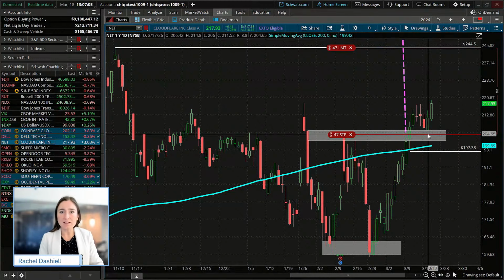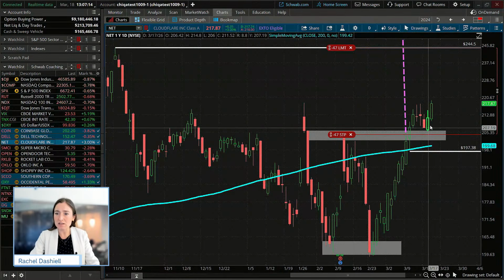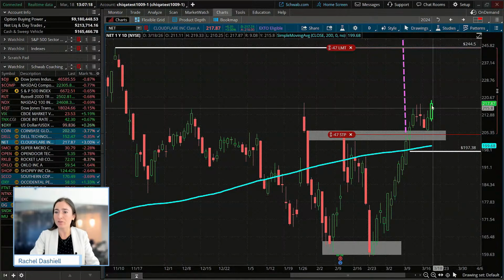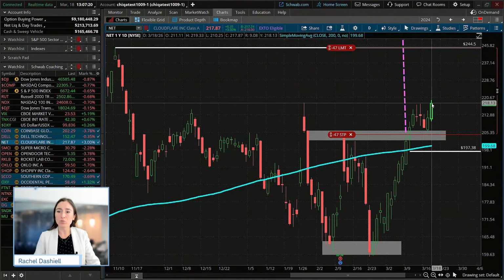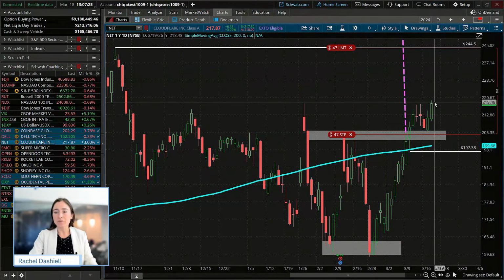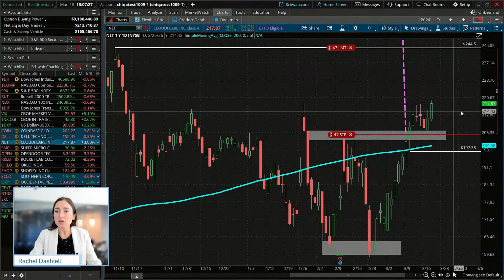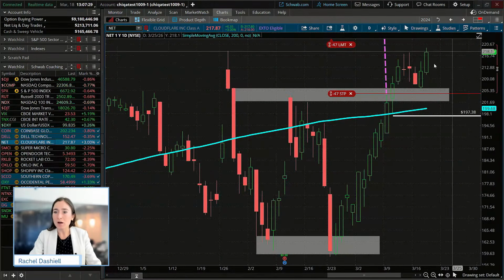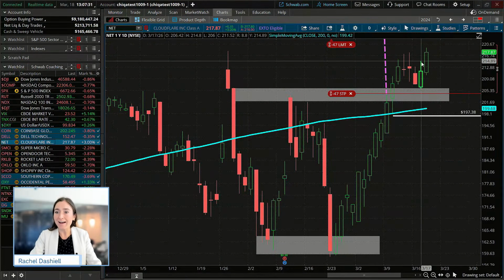So it may firm up that support level a little bit more, bring other buyers into the trade. And that's what we're seeing here, because we did see a bullish engulfing candlestick yesterday, and we are having quite the follow through today, with price looking like, within the next couple hours, if everything remains the same, it may close above the high of that low day.